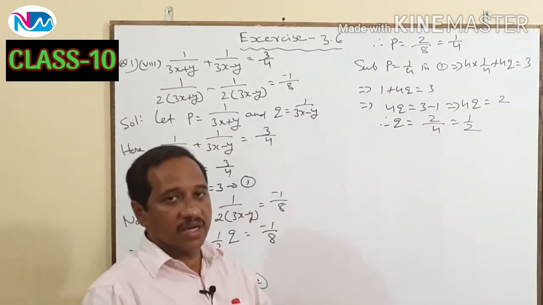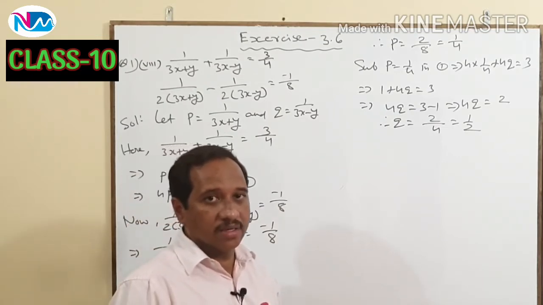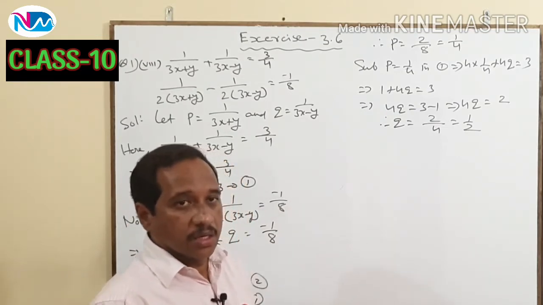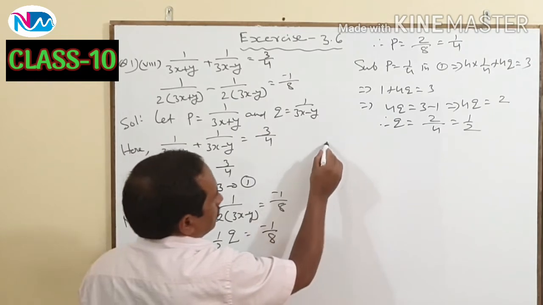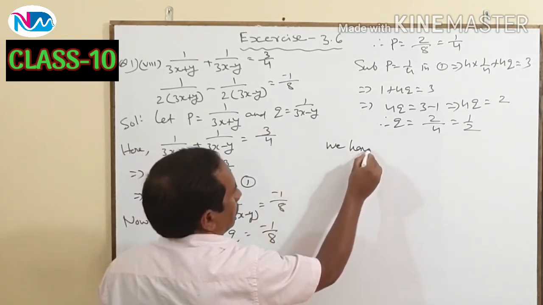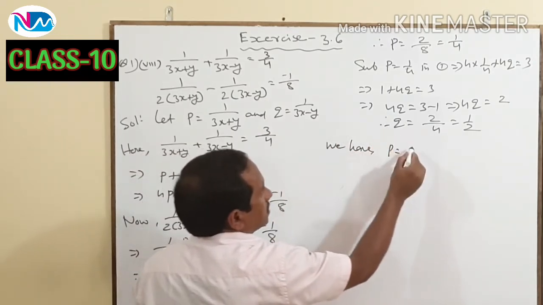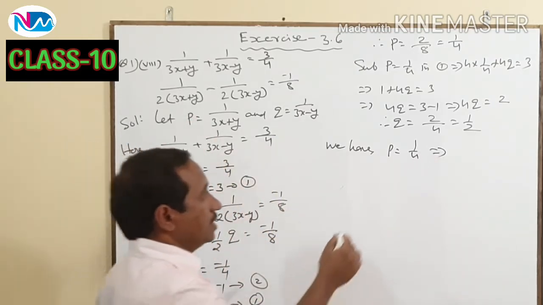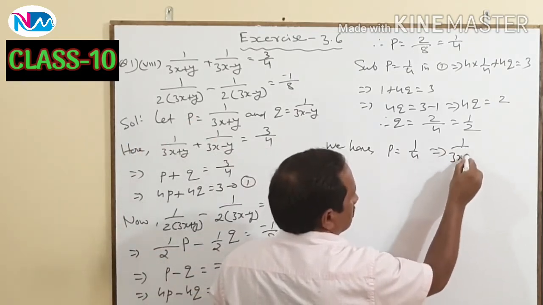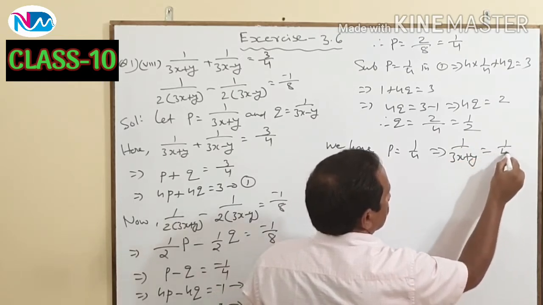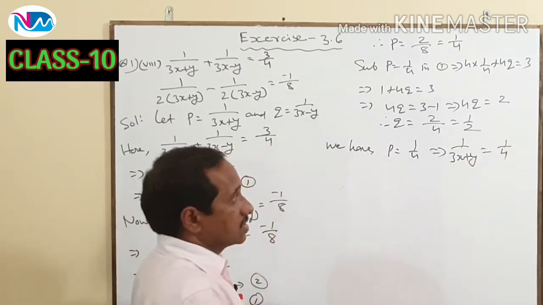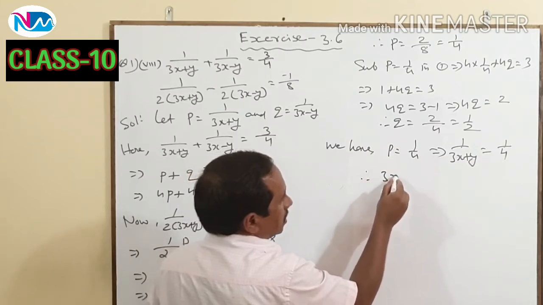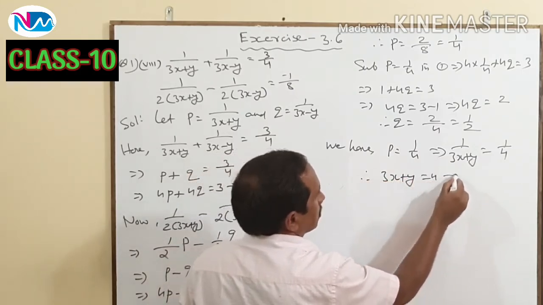We have to find the values of x and y, not p and q. You know what is p? We have p is equal to 1 by 4, which gives 1 by (3x plus y) is equal to 1 by 4. Taking the reciprocal, we get 3x plus y is equal to 4.